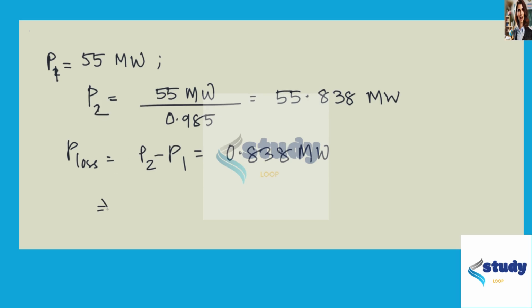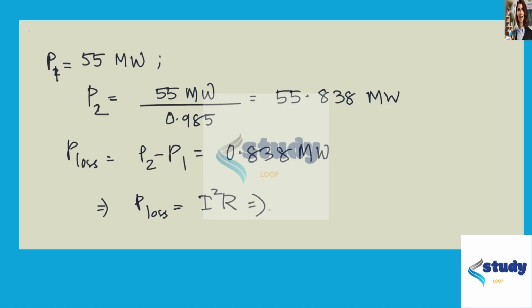So as we said, the power loss is due to the resistive heating in the transmission lines. Therefore, this loss in power is equal to the current in the transmission lines squared times the equivalent resistance of both the transmission lines.